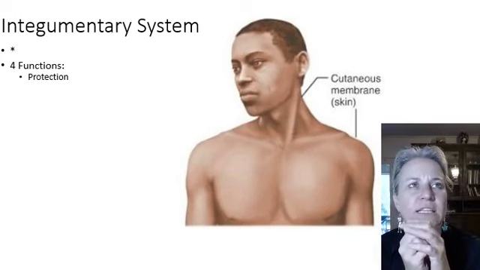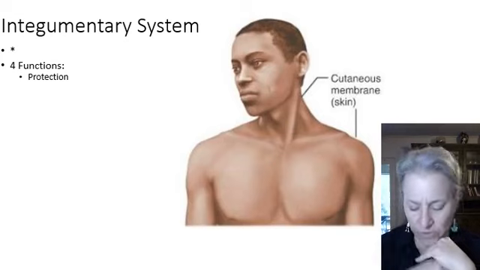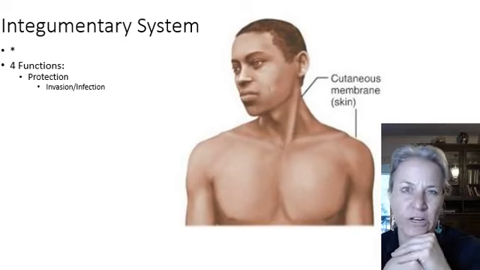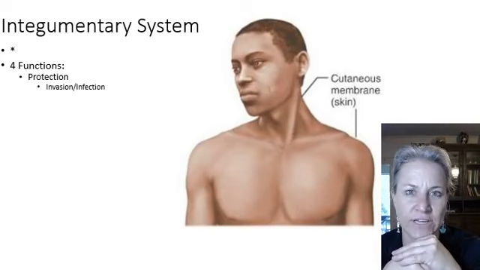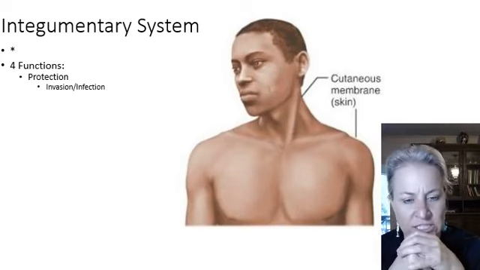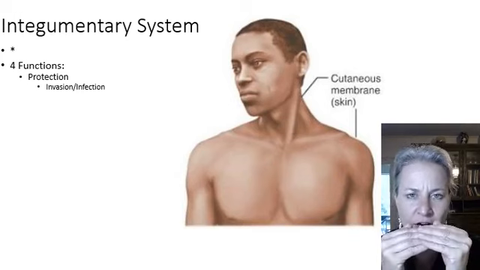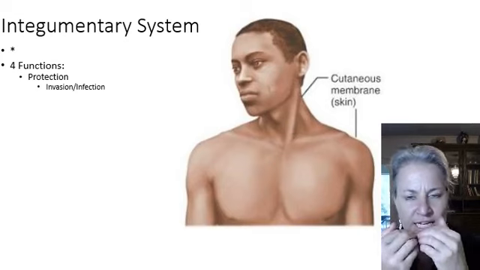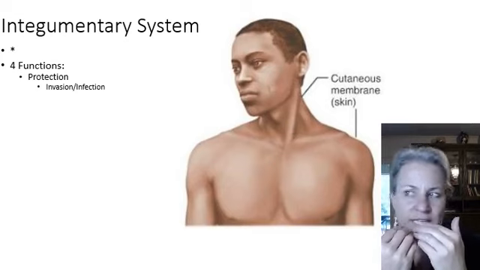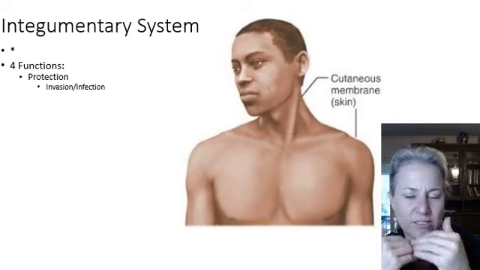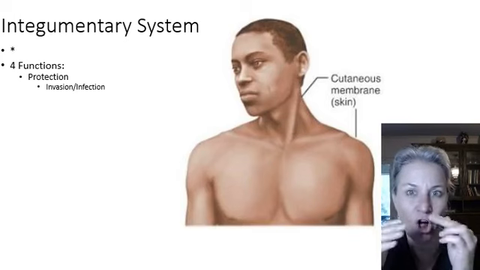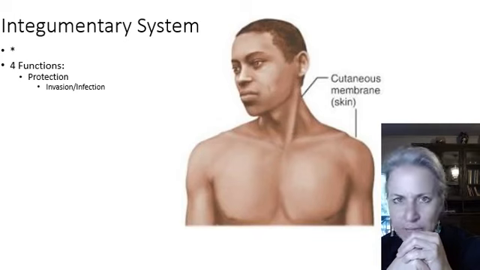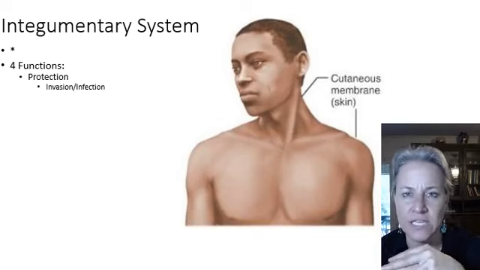One thing the skin helps protect us from is foreign invasion, bacterial invasion, infections. So it's a barrier and it helps prevent microorganisms from penetrating and getting deeper down into the dermis and into your body. So it's kind of like a wall. And most organisms cannot penetrate past the skin.